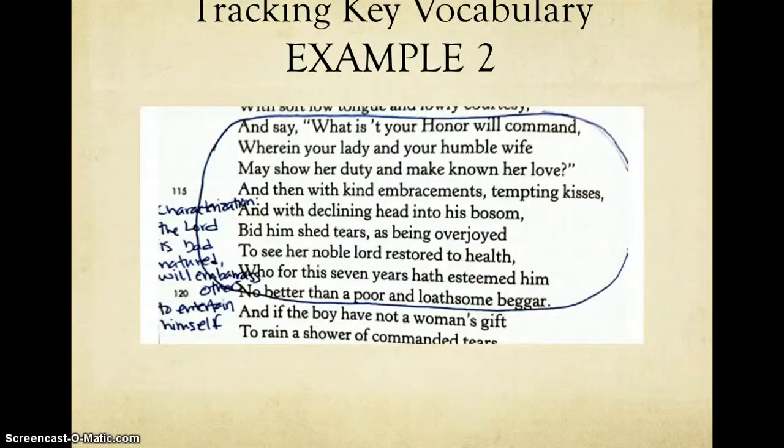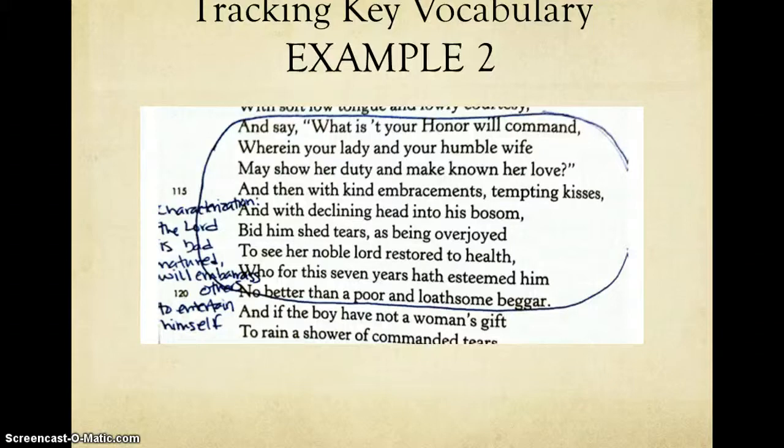The second way is when the vocab word is from the class and doesn't directly pop up in the text. So here again, the Lord is speaking, and what he's saying is leading me to form an opinion of him. In literature class, you're going to be talking about literary terms. One of the literary terms we'll be addressing is characterization.